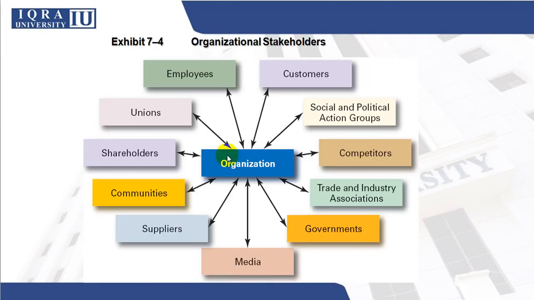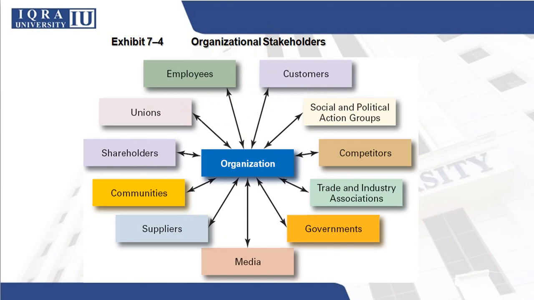Here I have a couple of examples of the stakeholders that could be affecting the organization, or the organization affecting those stakeholders. You can see this double arrow. It means that the organization is also affecting the stakeholders, and stakeholders obviously have influential power, so they are also affecting the organization. A couple of examples are there for your understanding.